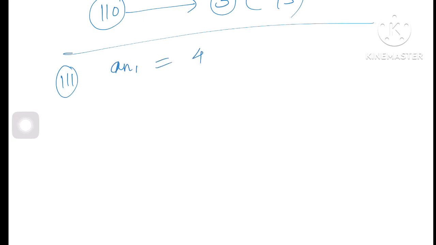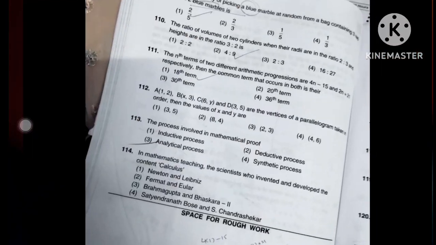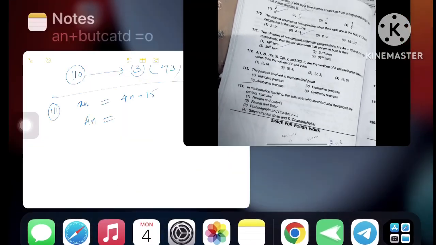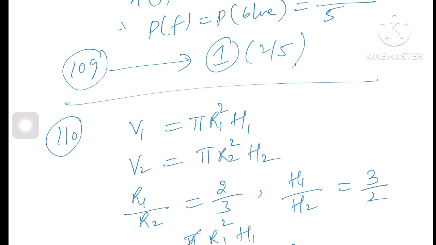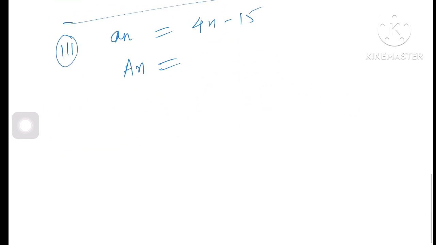So the question is, an is equal to 4n minus 15, and an is equal to 2n plus 21. We don't know which term will be common to both.